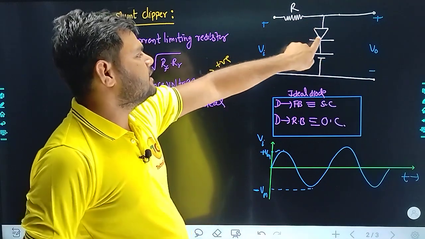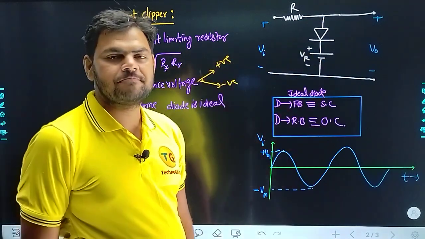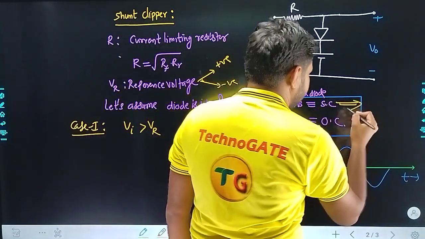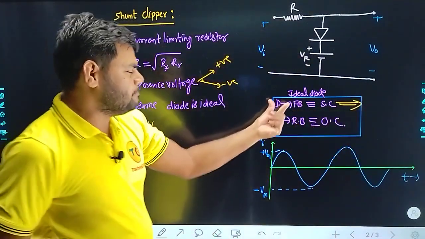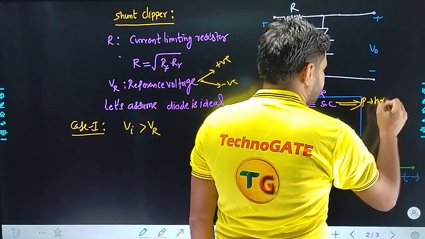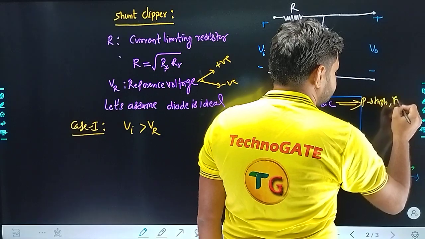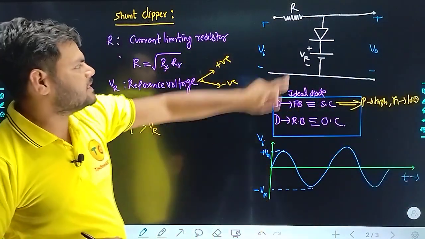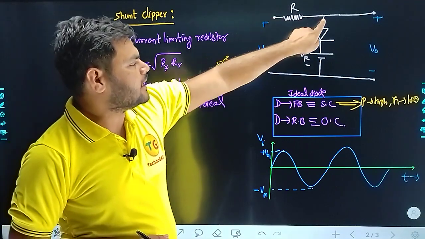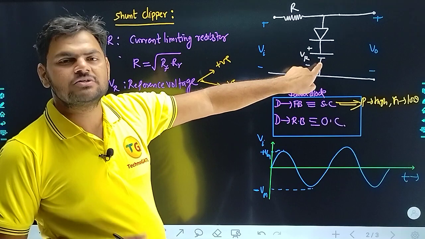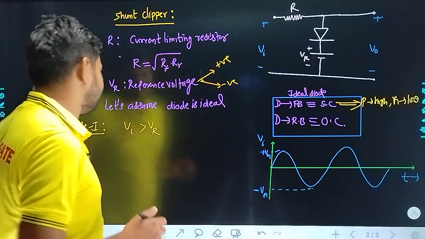So of course the diode will be in forward bias. Let me recall it for you, I know you are all familiar with this: when the P region is at high and N at low, the diode comes into forward bias. So if this V input node is at a higher voltage compared to V reference, the diode is in forward bias.